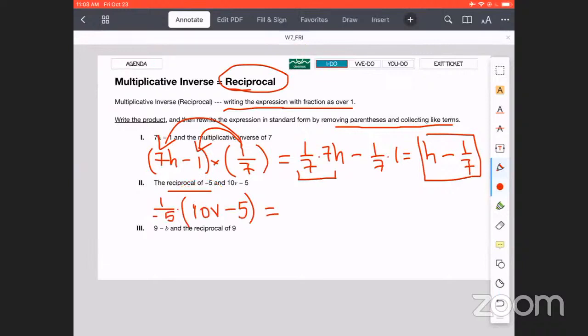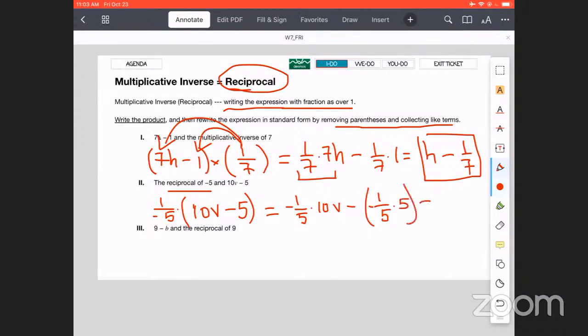So let me clear out. Let me just write it down step by step. 1/5 times 10v, and there is a minus sign, but because you're multiplying with a negative number, it's -1/5 times 5. Or let me do all of them in the same parentheses, times 5.